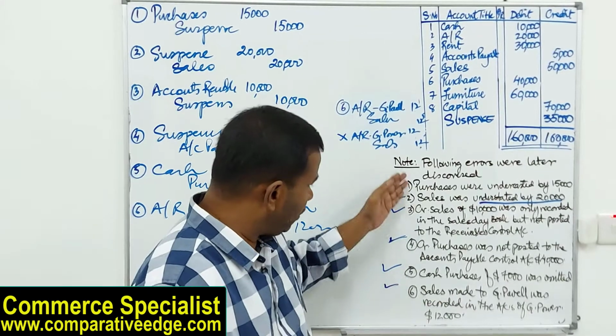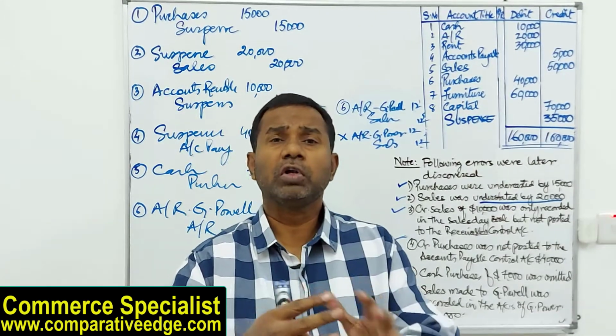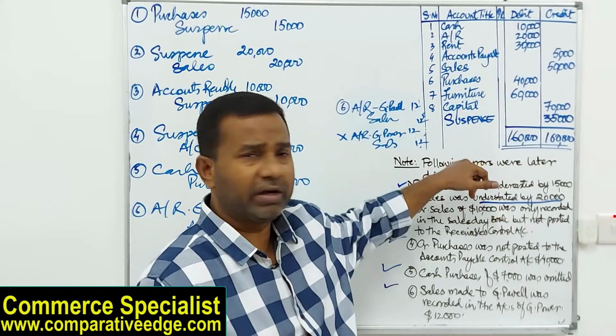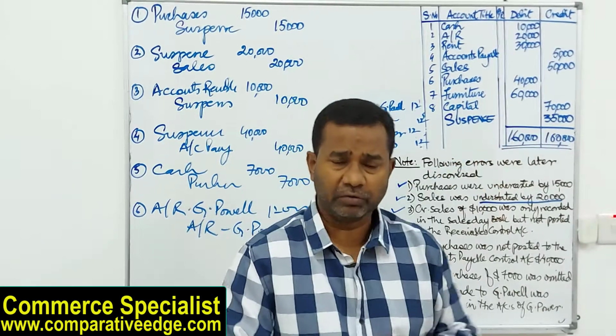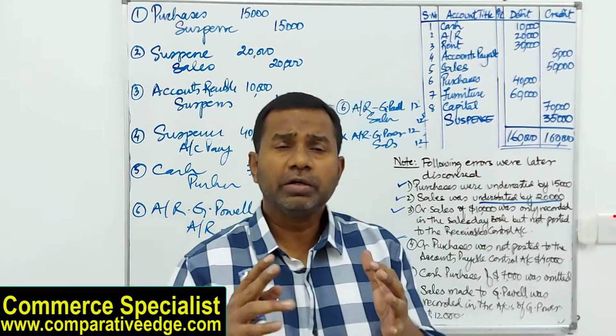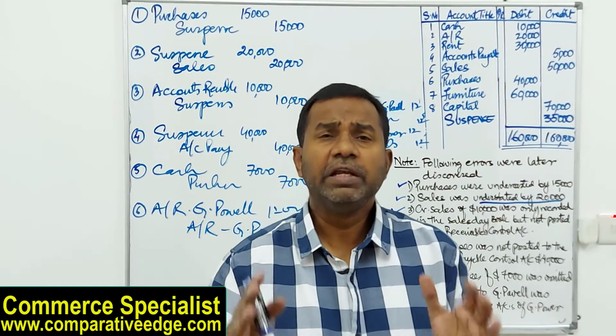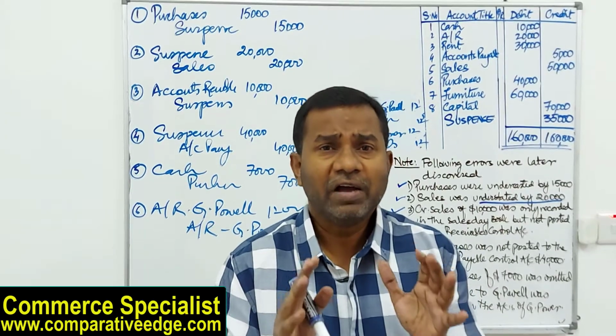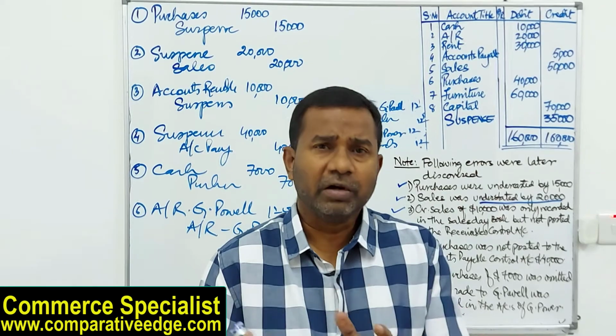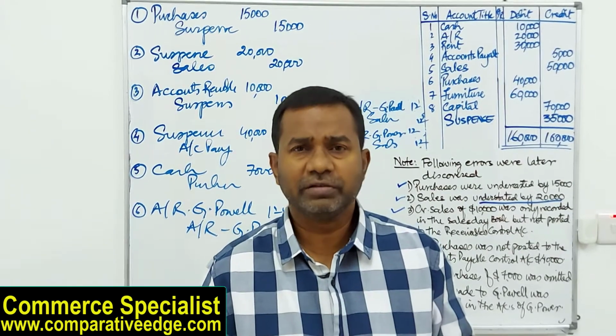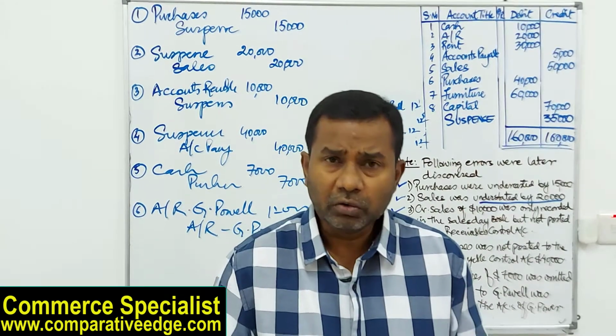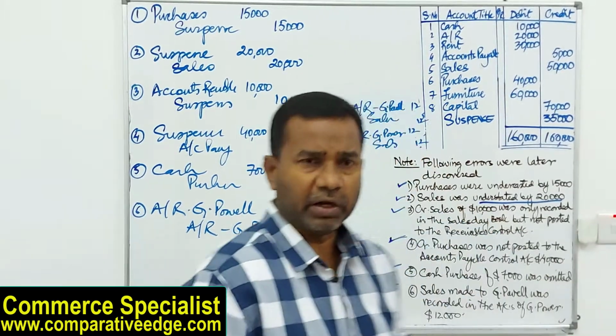Assuming these are the only errors which we could not discover when we were preparing the trial balance, and we had to put a suspense account. Now what to do in the end? We need to ensure, have we discovered and corrected all the errors? What to do? Prepare a suspense T account.